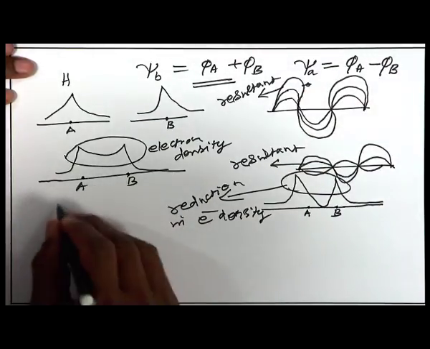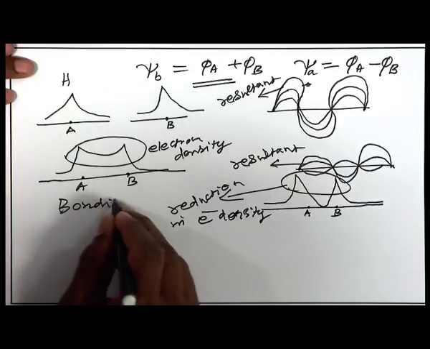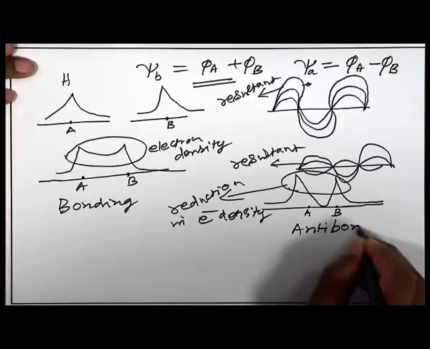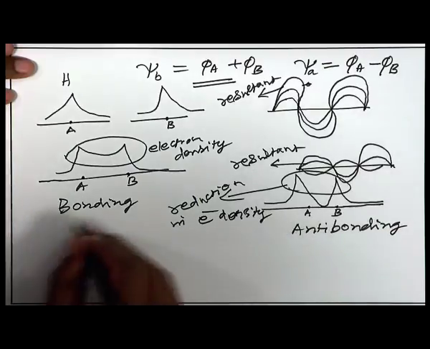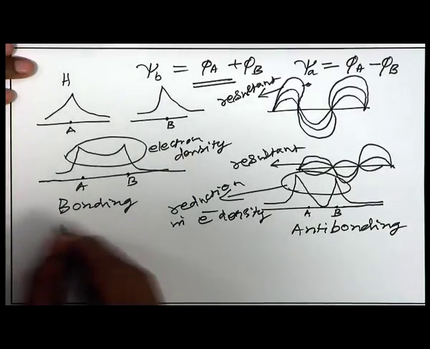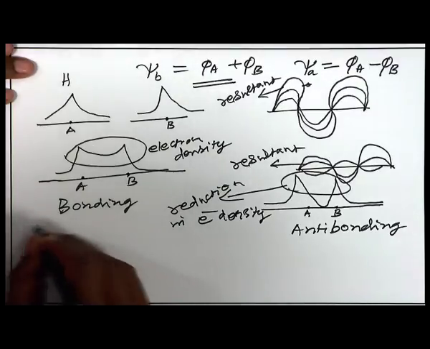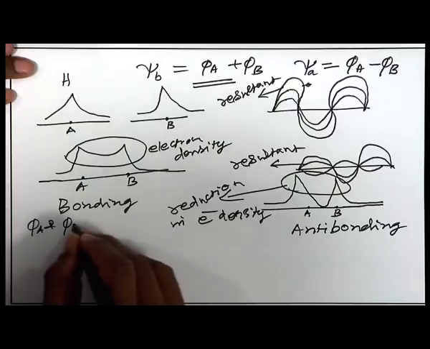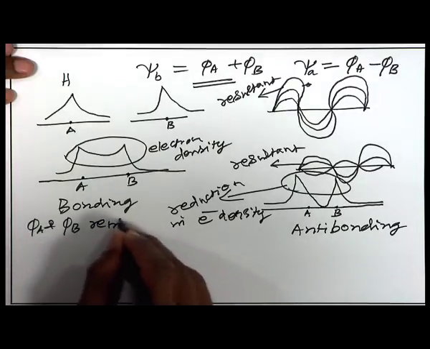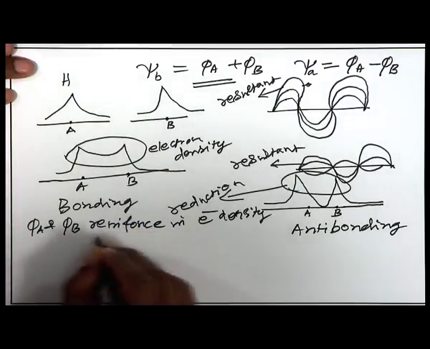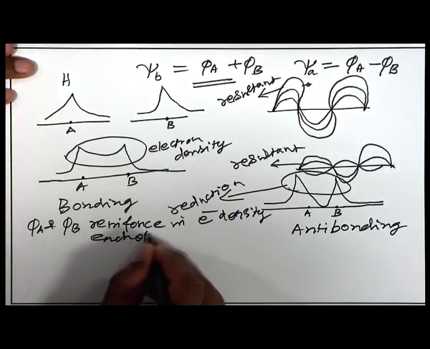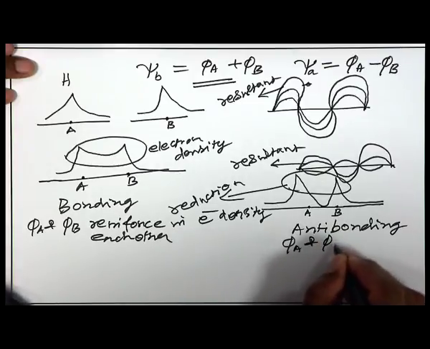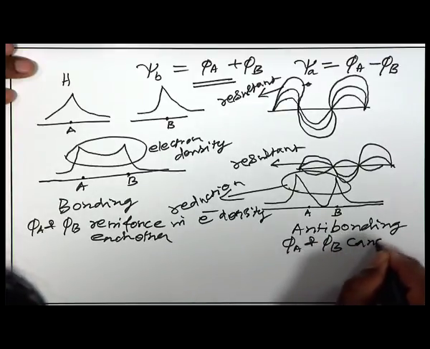So, this is the bonding situation, this is the antibonding situation. Okay. Wave functions reinforce each other. Okay. Wave functions phi A and phi B reinforce each other. Here phi A and phi B cancel each other.